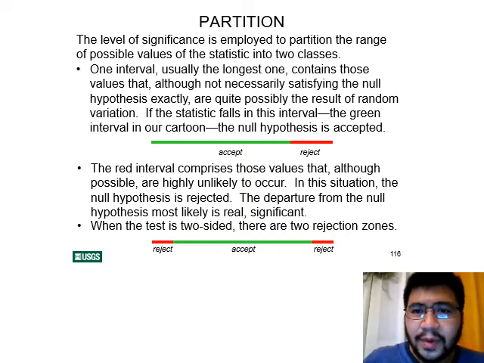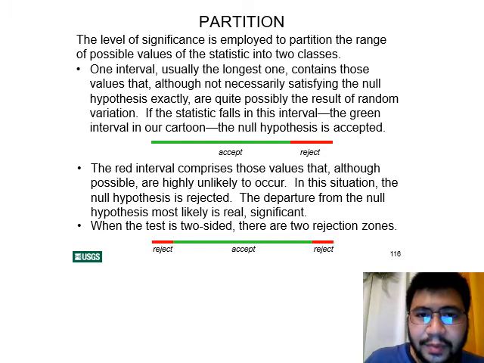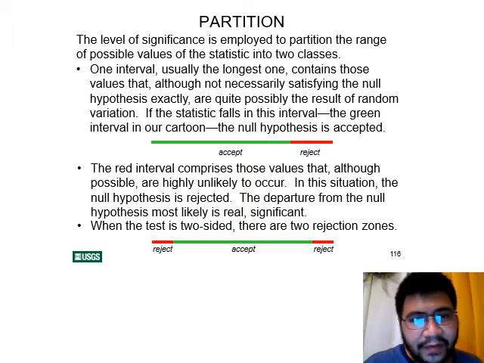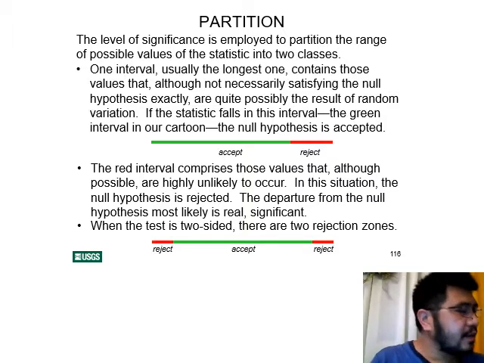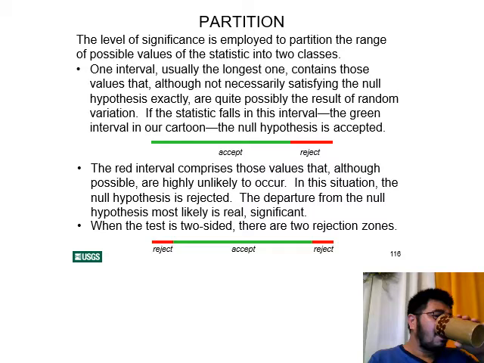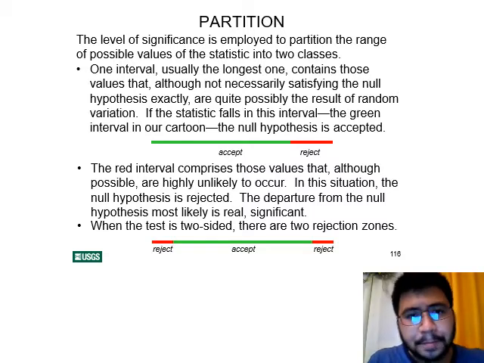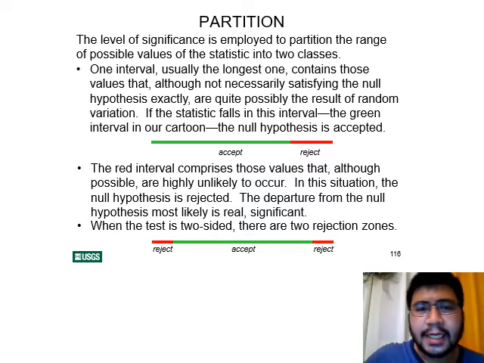All right, let's talk about partition. Basically, how we partition the values to accept and reject. Of course, this will depend on the level of significance, or the alpha. Level of significance is a statistical term for expressing how willing you are to be wrong.